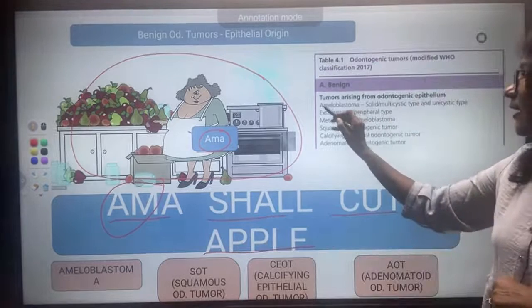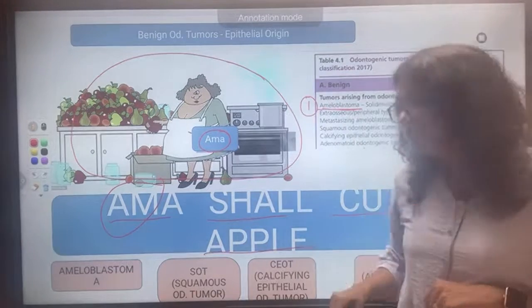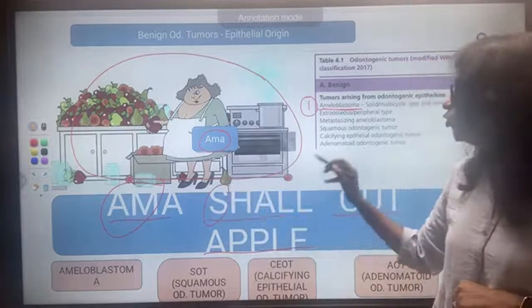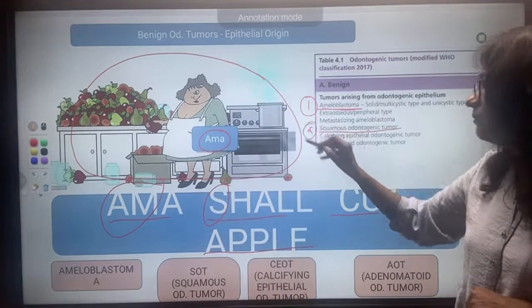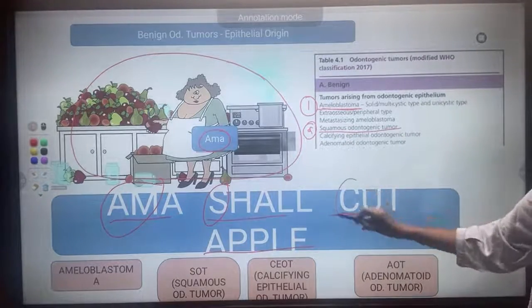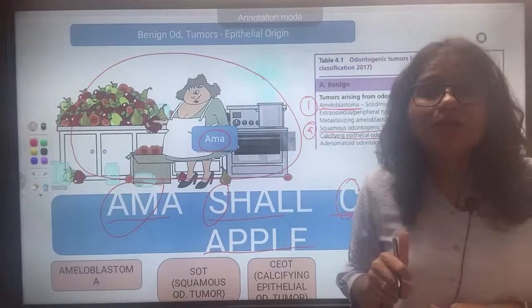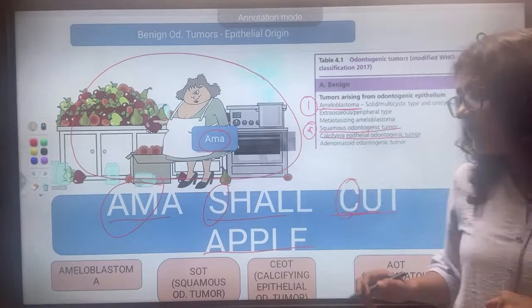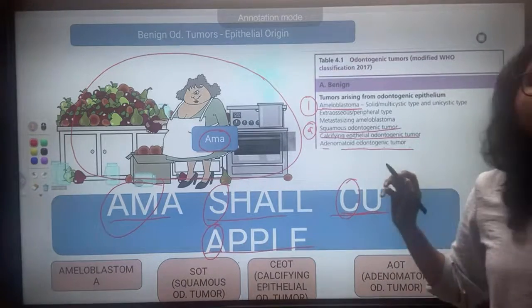What is it? Ameloblastoma, number 1, right? From the S, we will go to squamous odontogenic tumor. This is the second name that you have to remember. Okay. Then cut, the C, CEOT, calcifying epithelial odontogenic tumor. Okay. And last is apple, adenomatoid odontogenic tumor.